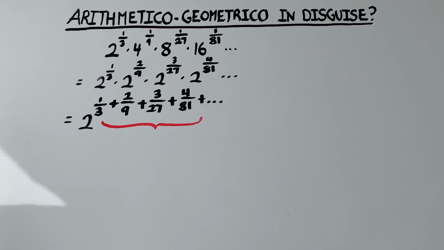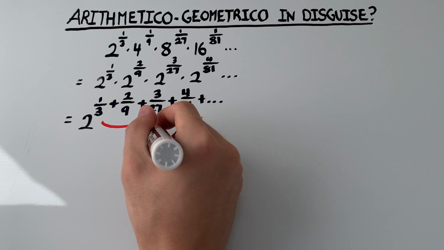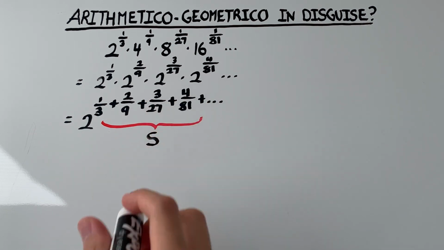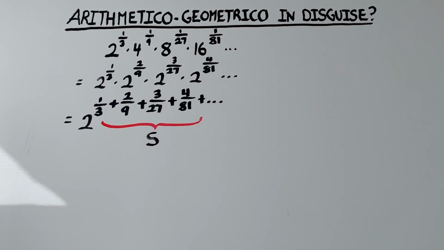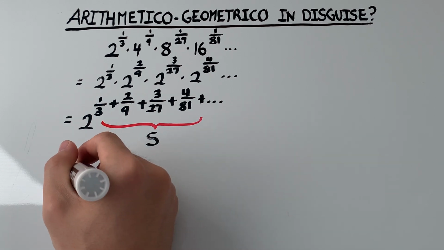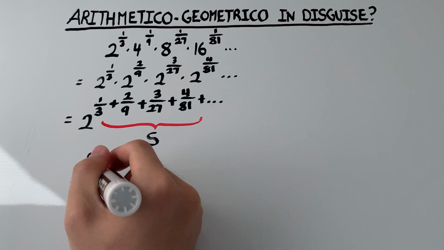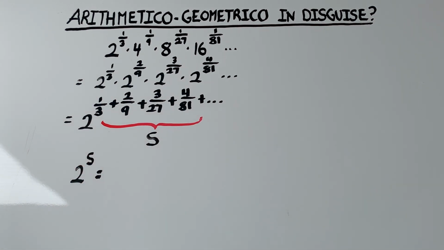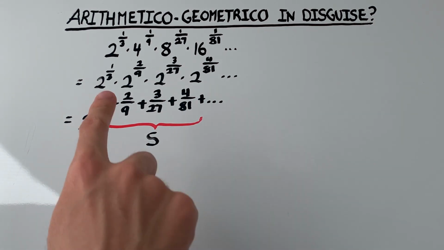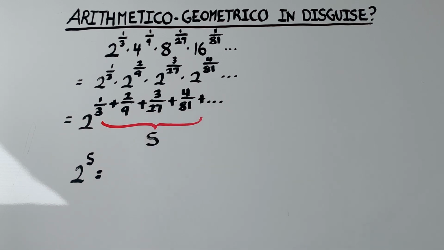Now the good news for us is that we already know how to evaluate infinite Arithmetico-Geometrico series, so let's call this whole thing S. So what we're really trying to find is 2 to the S. Now let's take this infinite Arithmetico-Geometrico series and take a closer look at it.